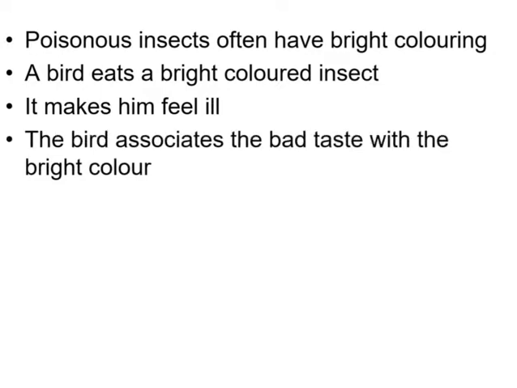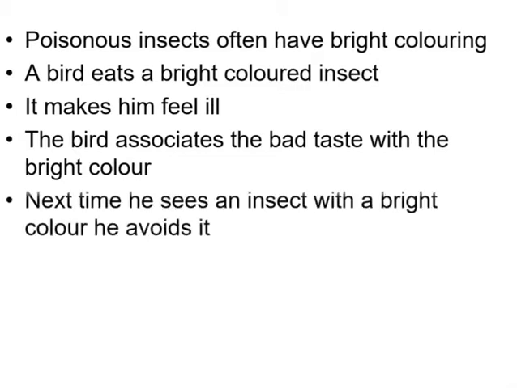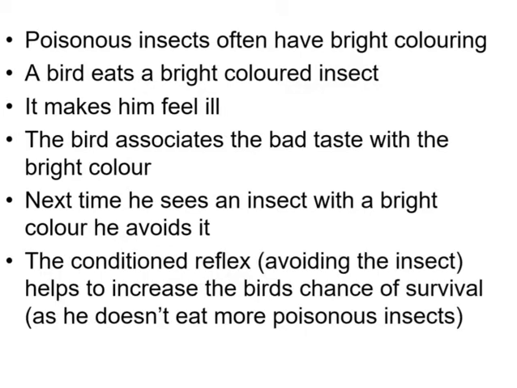There's an association made between the illness or the bad taste and the bright colour, and next time the brightly coloured insect is avoided by the bird. It's a conditioned reflex to avoid the insects, and it gives a survival advantage to the bird.